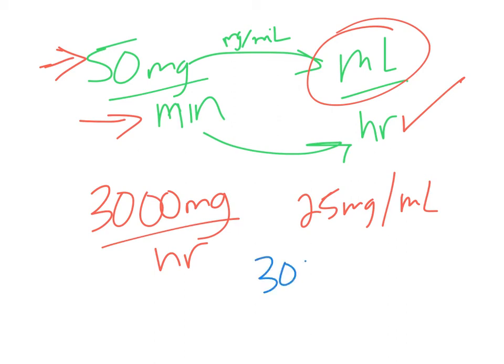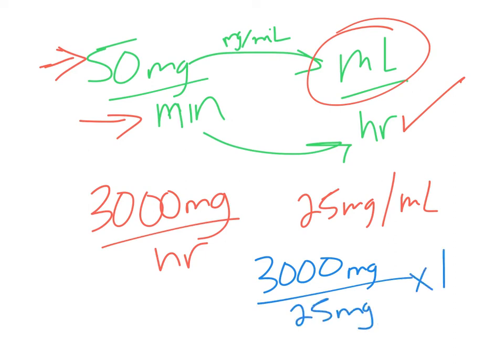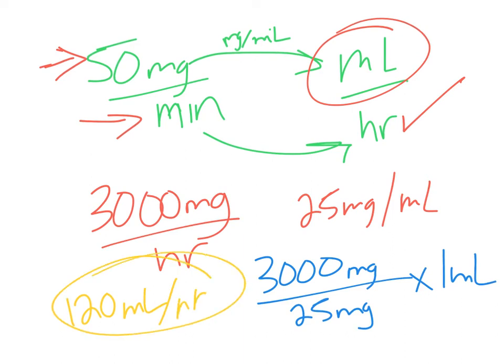So 3,000 milligrams is what's been ordered per hour, and we're going to divide that by the supply, 25 milligrams per milliliter. 3,000 divided by 25 is 120, times 1 is still 120, so this person is getting 120 milliliters each hour. So we may have to do two parts to get from what's been ordered to what we need to get to.